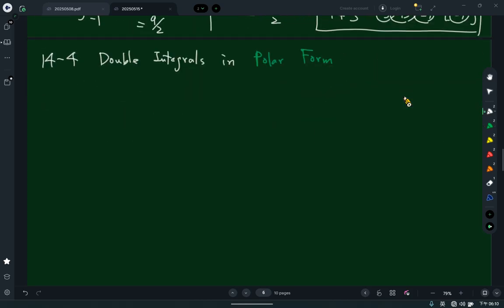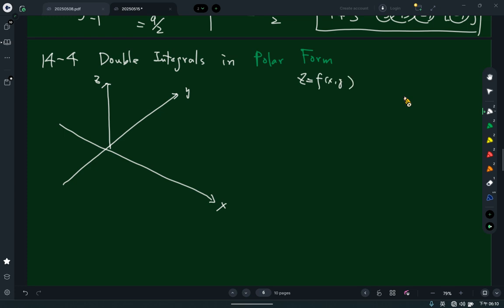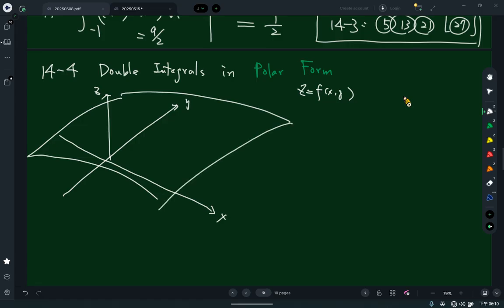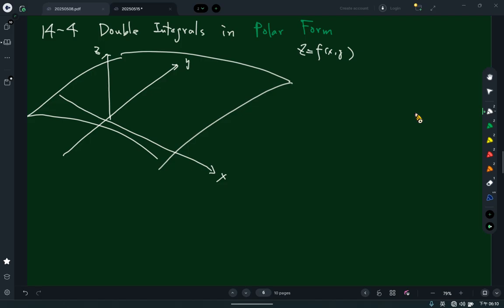So imagine that this is x, y, then z. If I give you z equals f of x, y, and we try to calculate the volume, I force you to focus on the region where y goes from g1 of x to g2 of x, and x is from A to B. So the region will be here.